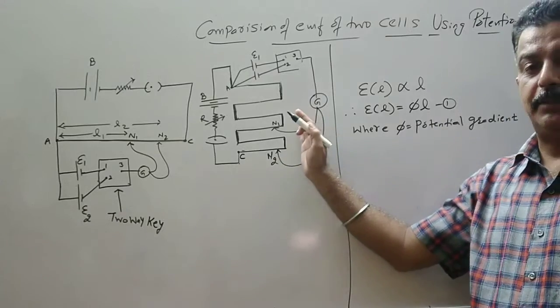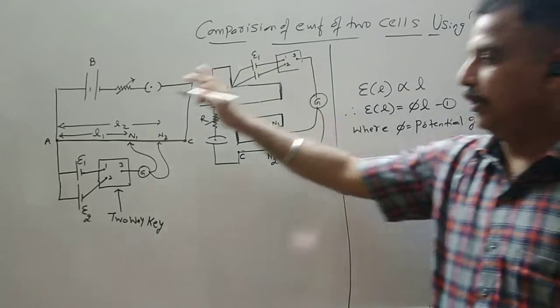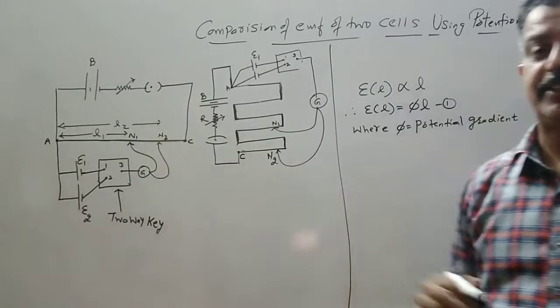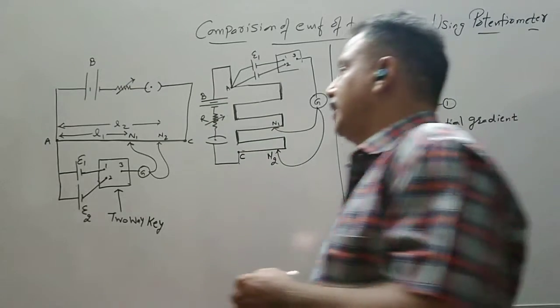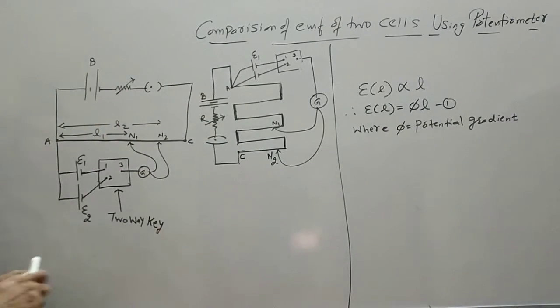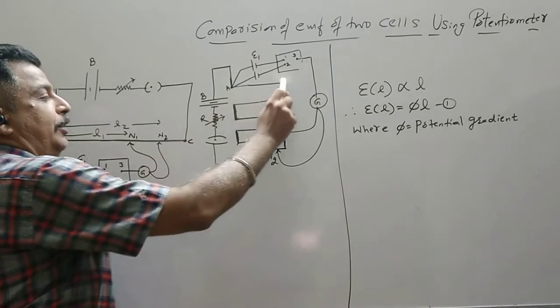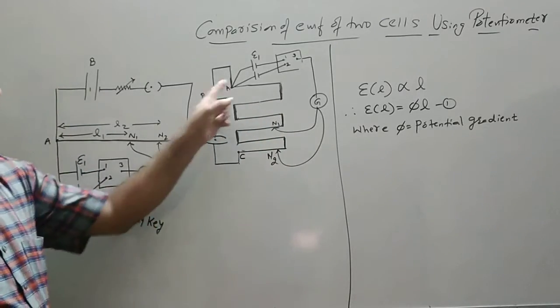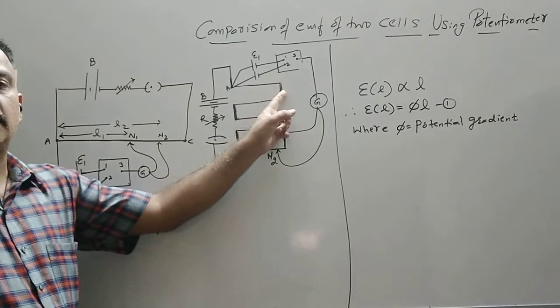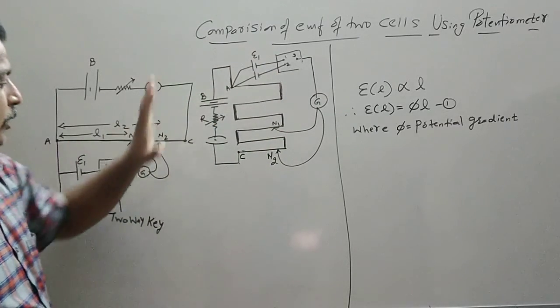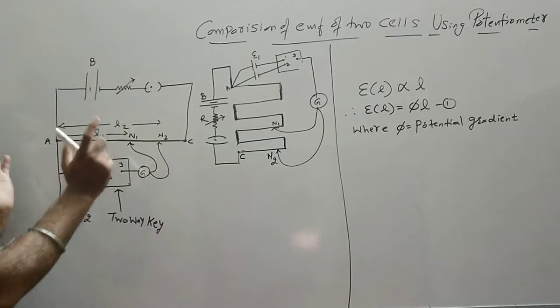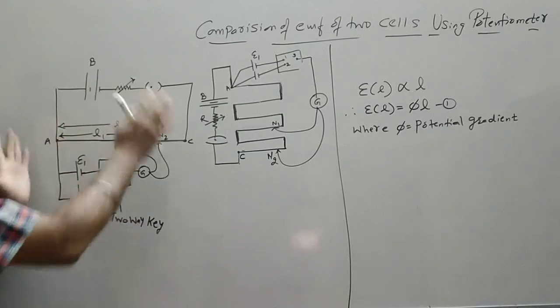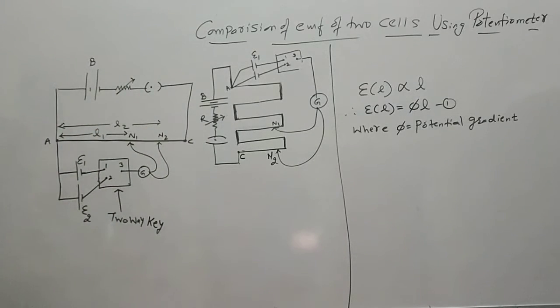The same diagram is redrawn in an easy manner just to understand the use of a potentiometer. So instead of these wires which are connected to the metallic strips, we have taken a straight wire, just so that the diagram becomes easier to understand.